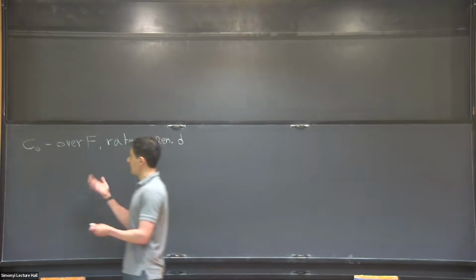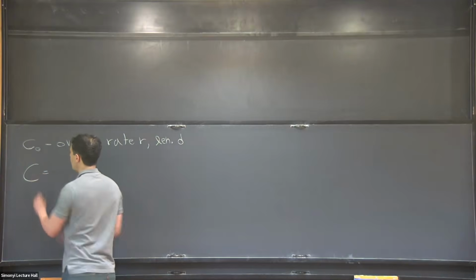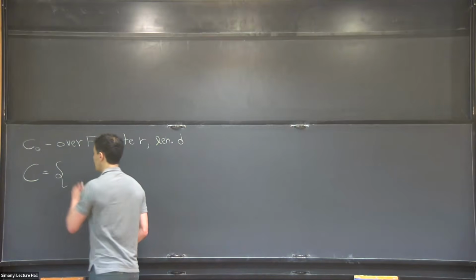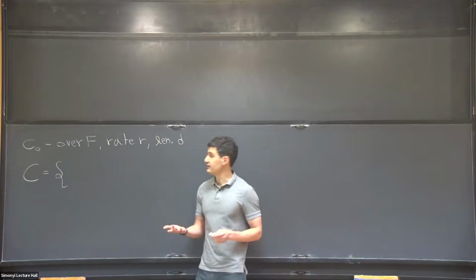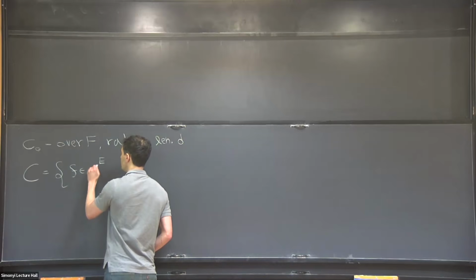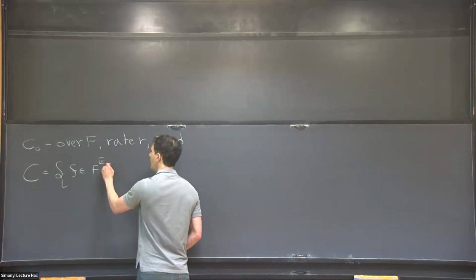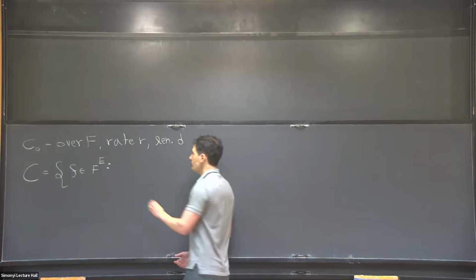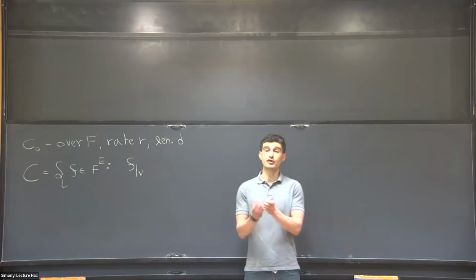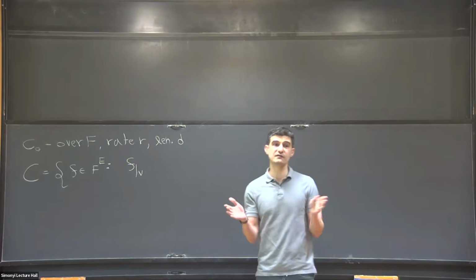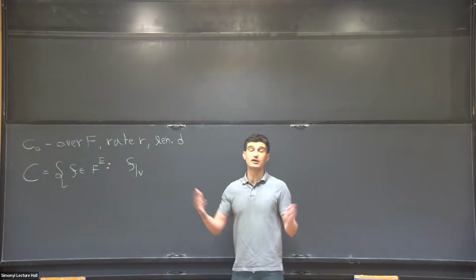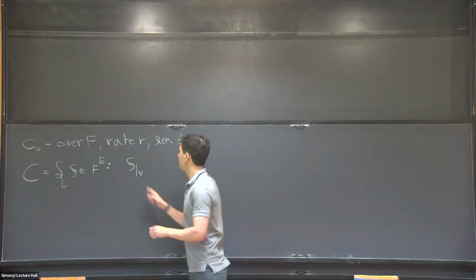That's the definition. Let's write it mathematically. How do we define the expander code using G and C0? Codewords are functions on the edges of the graph, all functions from the edges to your finite field, such that if I restrict f to a vertex, meaning I stand on a vertex, I see D edges, I decide the ordering, and I see a vector of length D over F, I want this to be in the code.